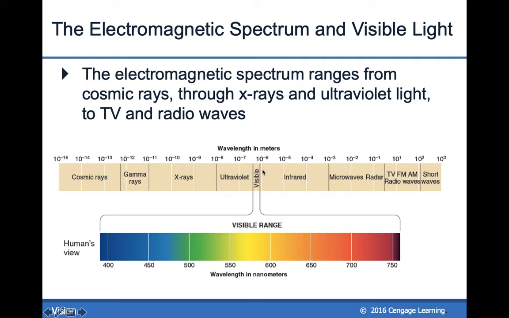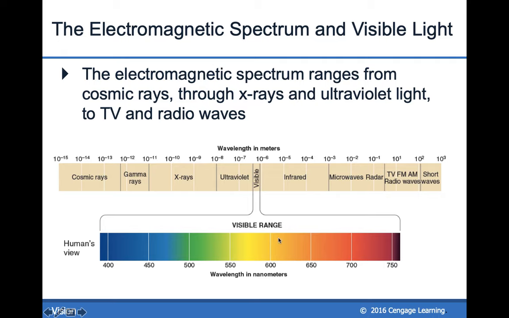So again, we only see a small sliver of this, from about 375 to about 775 nanometers. And that goes from blue all the way up to this deep red, purpley shade. Other animals can see ultraviolet light or infrared light. Different instruments that we use in our day-to-day life will use these types of light.